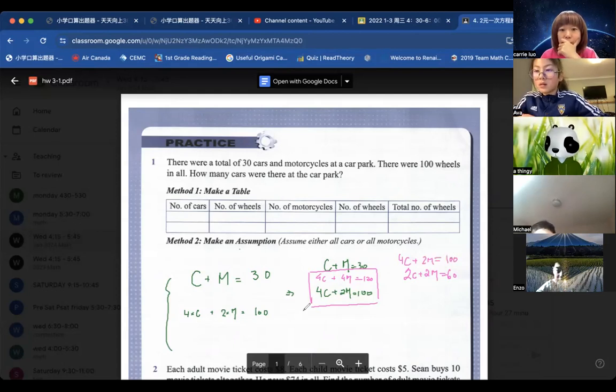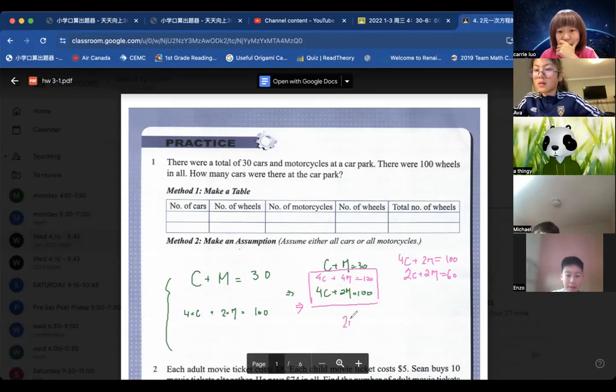Correct? So if you're using this one, you times 4, 4C minus 4C, there's no C, 4M minus 2M equals 2M, and 120 minus 100 equals 20. So M equals 10.